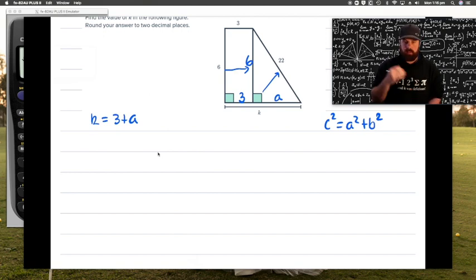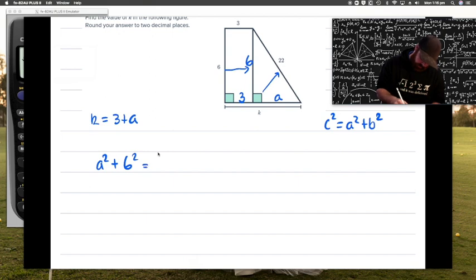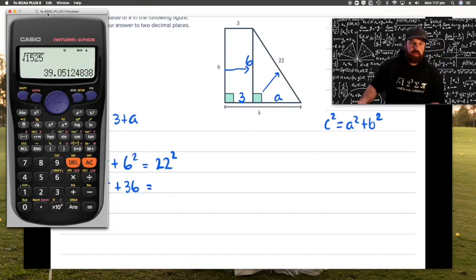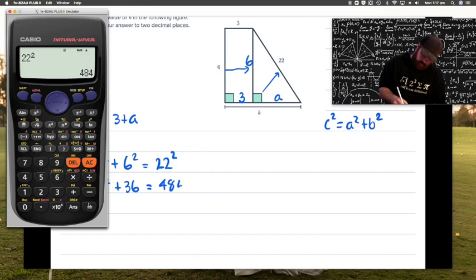Take a breath. Let's go. All right, so A squared plus B squared, which is 6 squared, is equal to C squared, and our C is our 22. It's our hypotenuse. So A squared plus 36 is equal to 22 squared, which is 484.